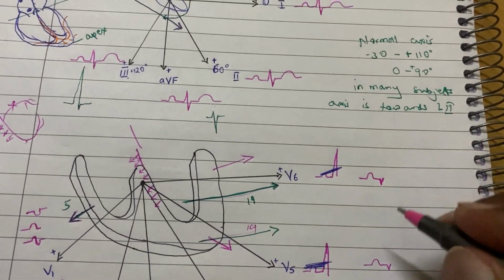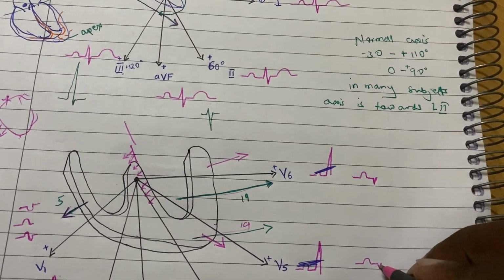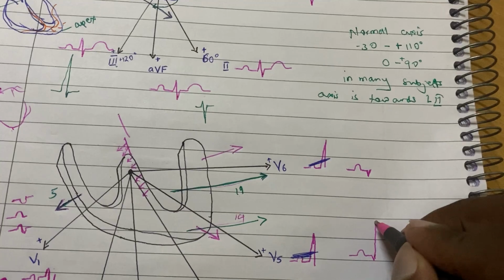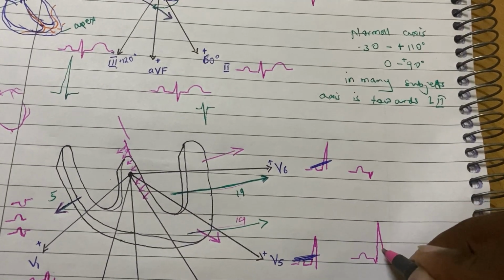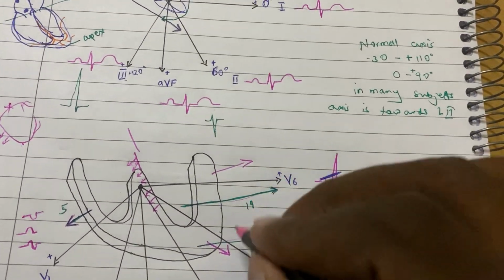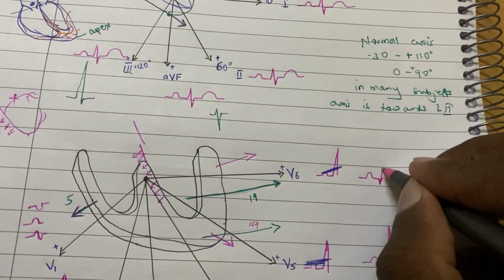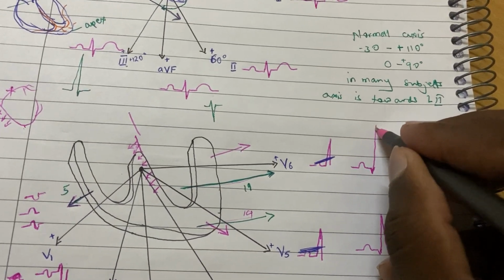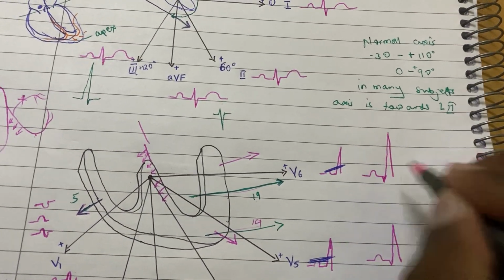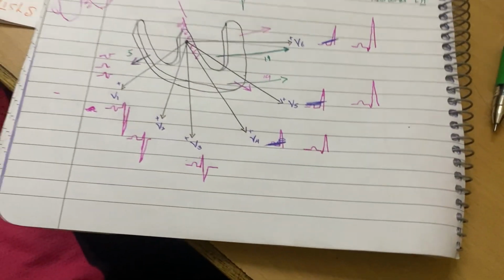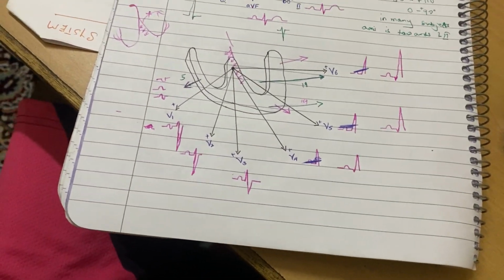In V5, now it is purely going towards it, taller, and then in V6, purely going towards the positive electrode, tallest. Now we have finished the free walls.